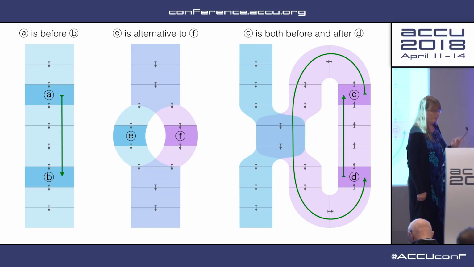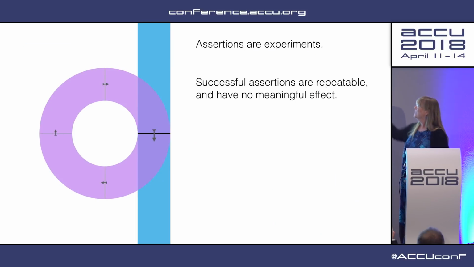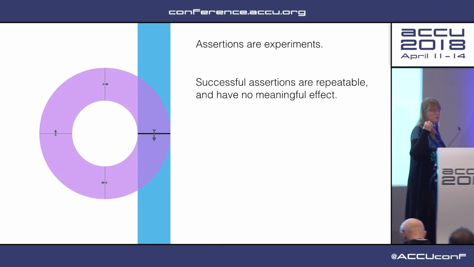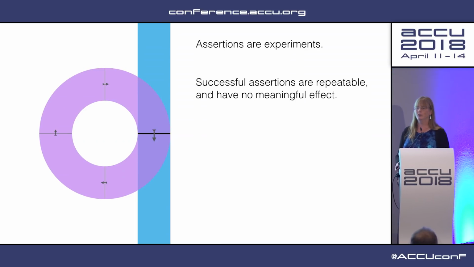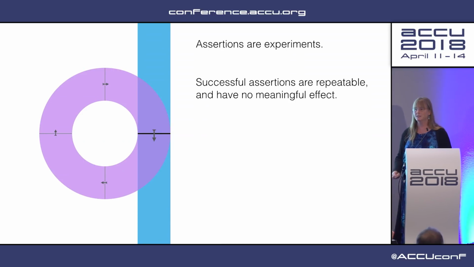But assertions have a property that makes them better than facts. Assertions are tied locally into our program. They're experiments, not facts. And because they are experiments, there is so much less question about what an assertion means or what its scope is.